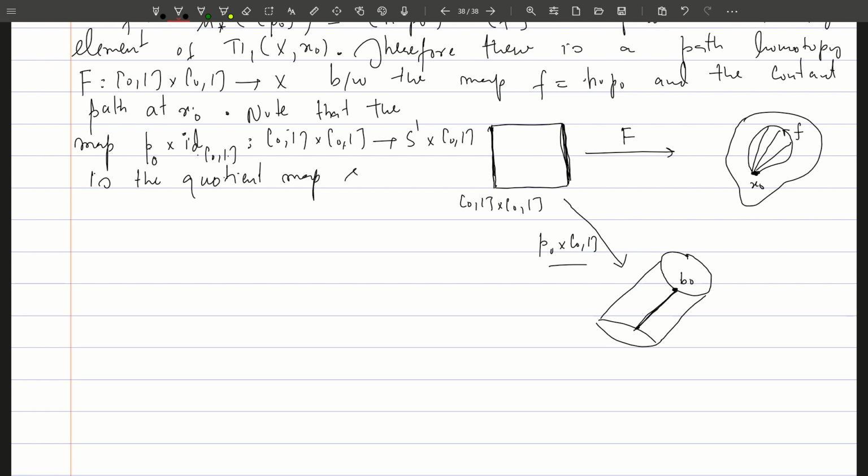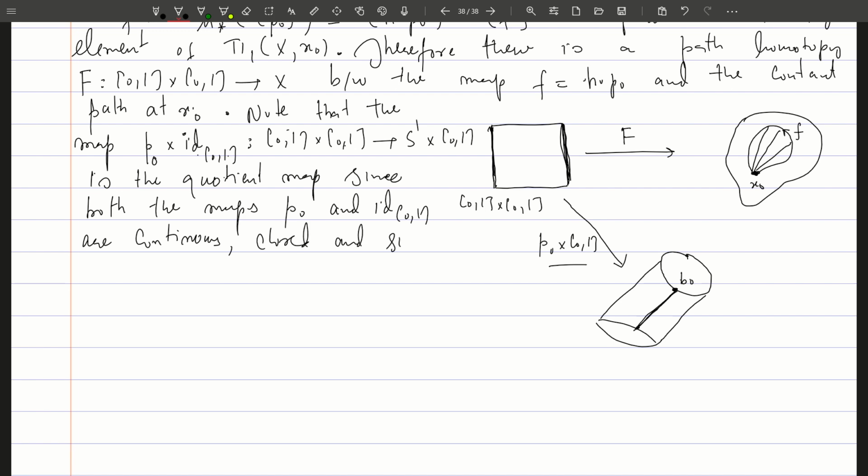So this is the quotient map, since both the maps p naught and the id map on [0,1] are continuous, closed, and surjective.